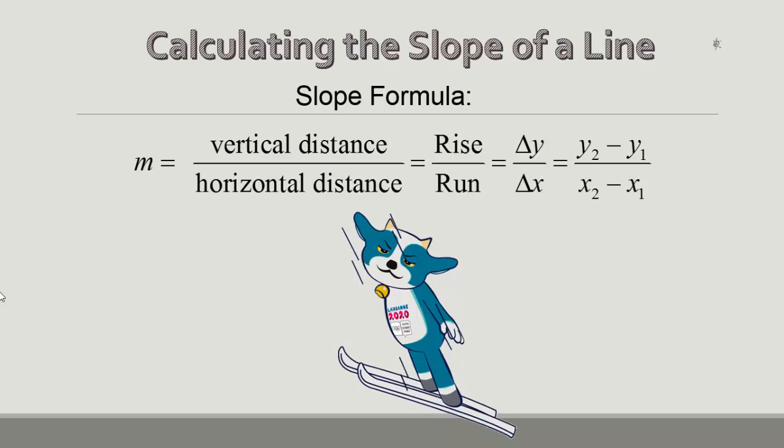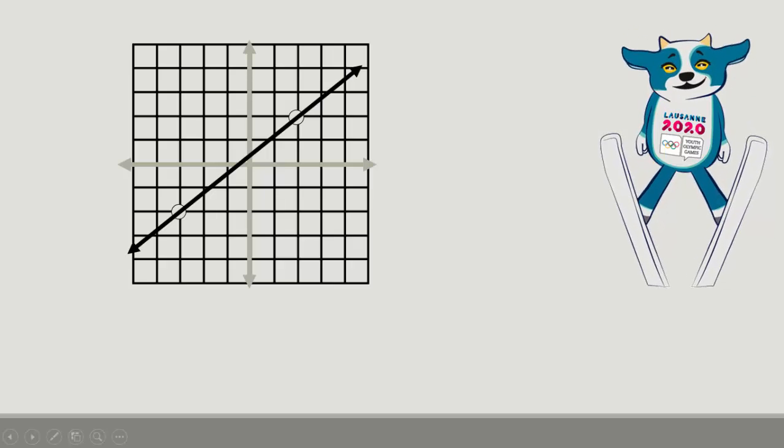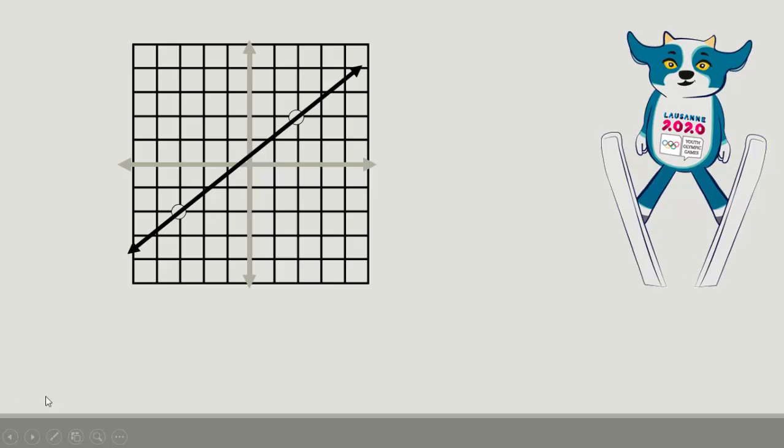And others call it delta y over delta x, which means the change in y over the change in x. And this is equal to, when we look at it in terms of points or coordinates, y2 minus y1 over x2 minus x1.